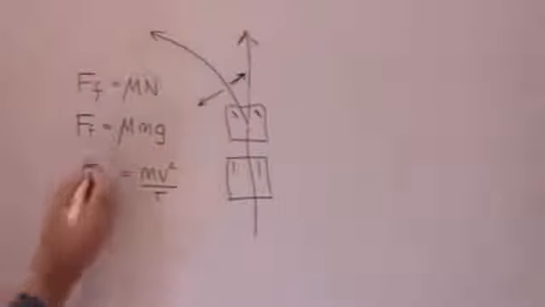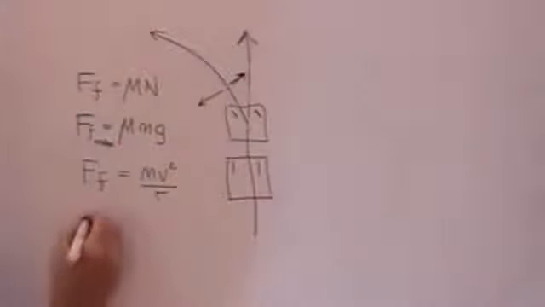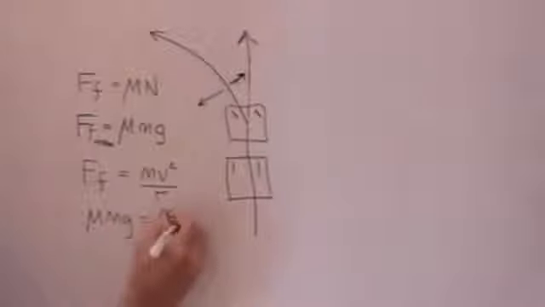This frictional force here, incidentally, was the maximum frictional force. And so consequently, the frictional force is providing the centripetal force, and so you've got that mu mg, the maximum frictional force, is going to be equal to mv squared over r.